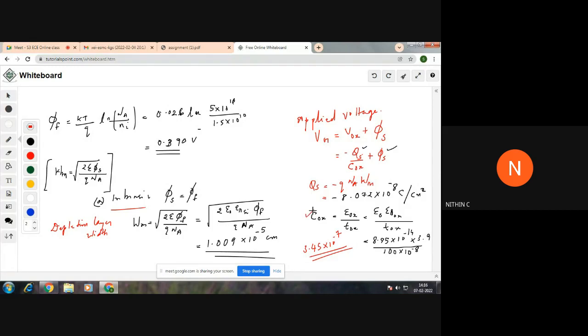That will be the value of C oxide. Everyone has completed up to this much. 3.45 into 10 raised to minus 7.